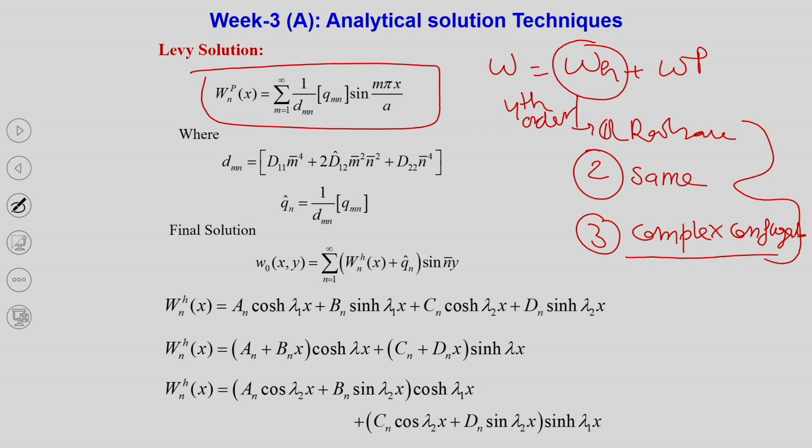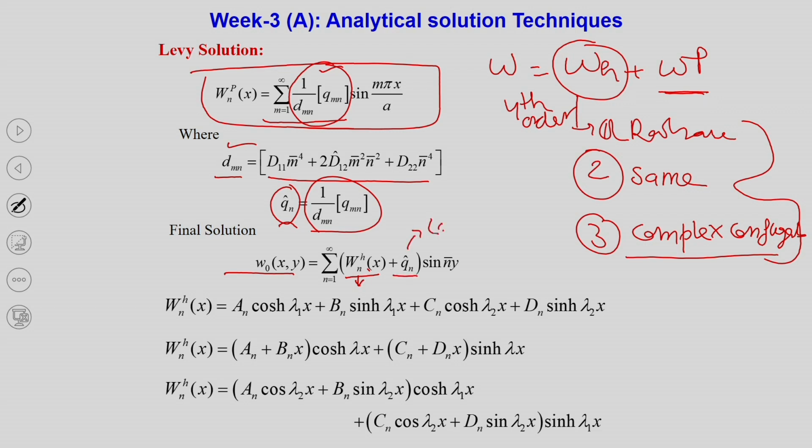Then the particular solution is also derived, where DMN is nothing but this term, which is Qn hat, in terms of the load vector. So I can write the final solution as W, with Wn of h corresponding to the homogeneous function, and Qn is basically the load.